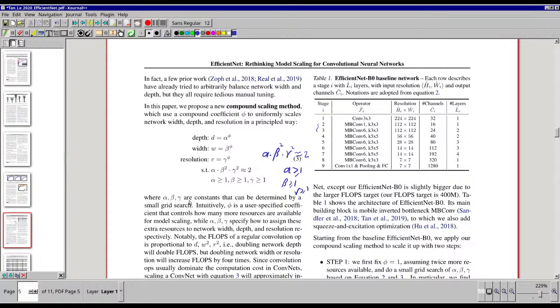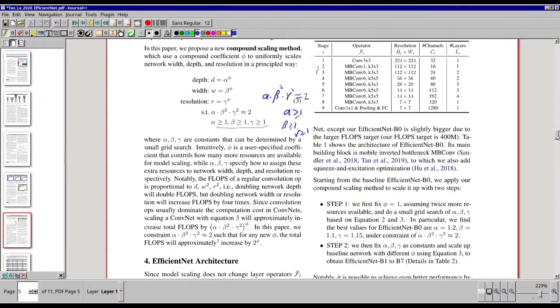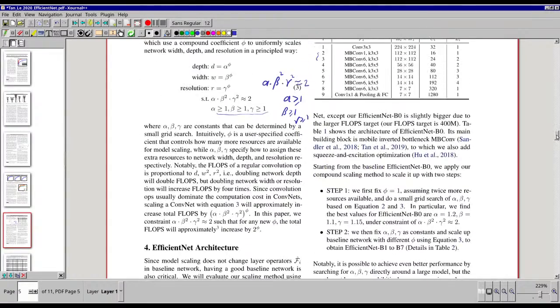Where alpha, beta, gamma are constants that can be determined by a small grid search.